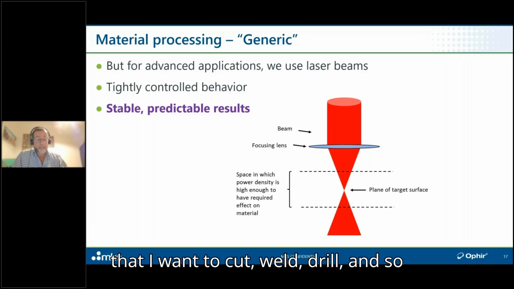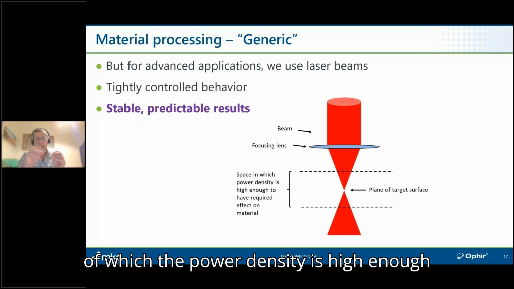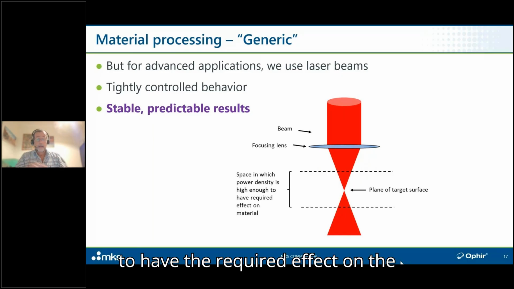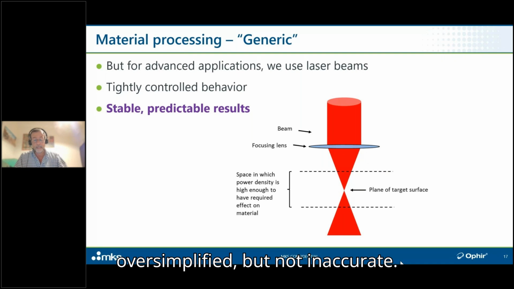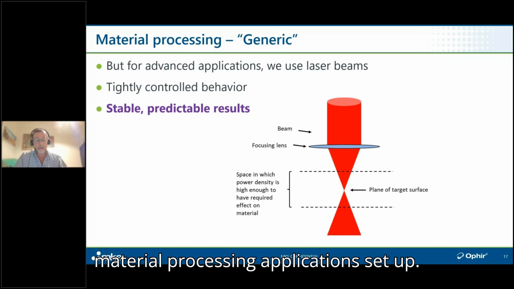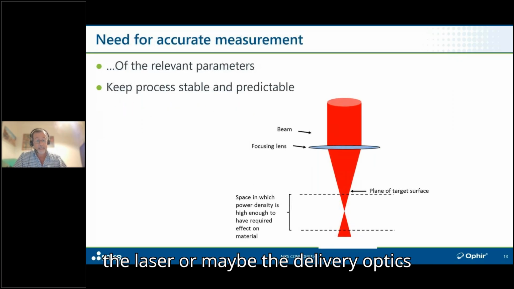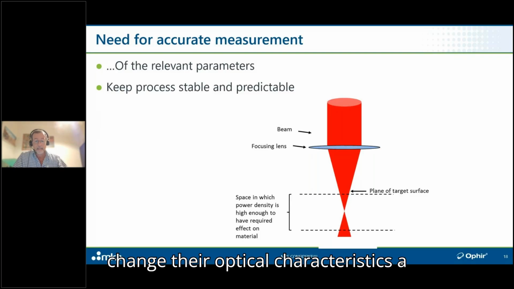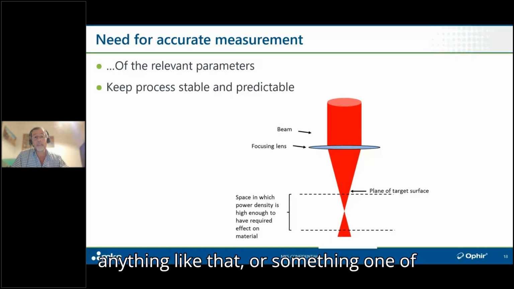But what happens if something changes in the laser, or maybe the delivery optics change their optical characteristics a little bit because of heating effects or anything like that, or one of the optical components moved out of alignment? The space inside of which the power density is high enough to make the work happen might shift. And we could suddenly and unexpectedly find ourselves with the target material outside that space.